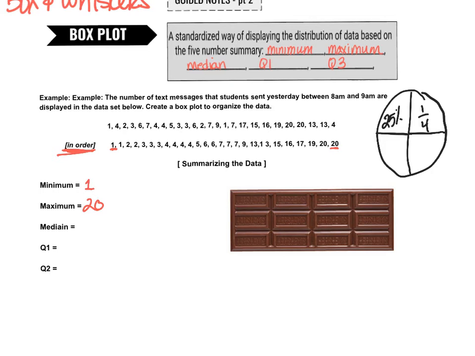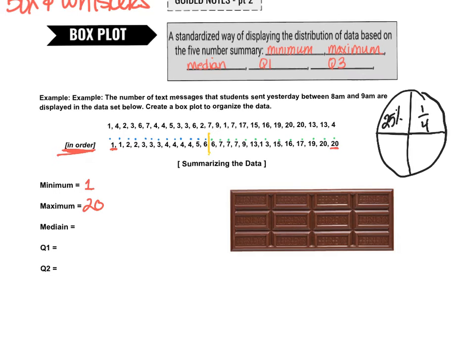Now, to find the median, we want to find the middle number in this data set. So I know there are 26 numbers in this data set, and so to find the middle of 26, I'm going to be at 13 on one side, 13 on the other. And so if I count in 13, 1, 2, 3, 4, 5, 6, 7, 8, 9, 10, 11, 12, 13, and then I count 13 from this side, 1, 2, 3, 4, 5, 6, 7, 8, 9, 10, 11, 12, 13, I have 6 and 6, and so the middle of 6 and 6 is just the number 6.